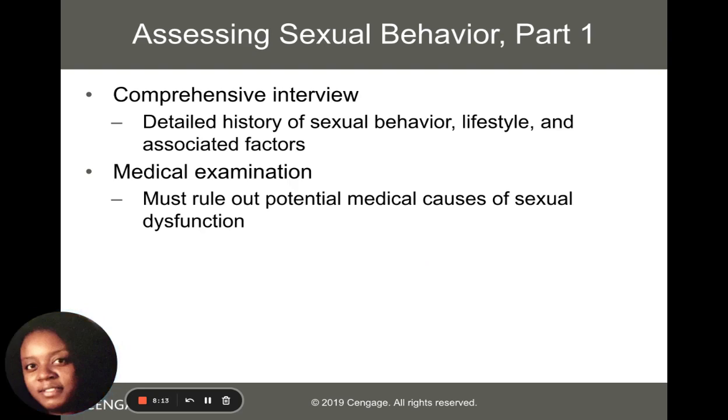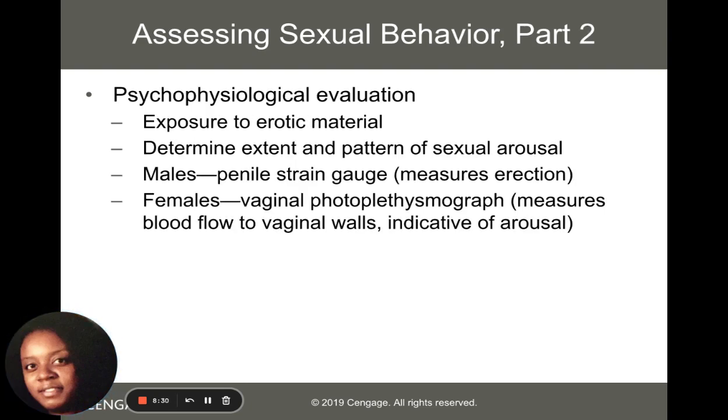So when we assess sexual behaviors, we have to take a comprehensive interview. People have to talk about their sexual behavior, their lifestyle, anything associated with them. They also have to undergo a medical examination to rule out any medical causes of their sexual dysfunction. There's a psychophysiological evaluation where they are exposed to erotic material to determine the extent and pattern of their sexual arousal.